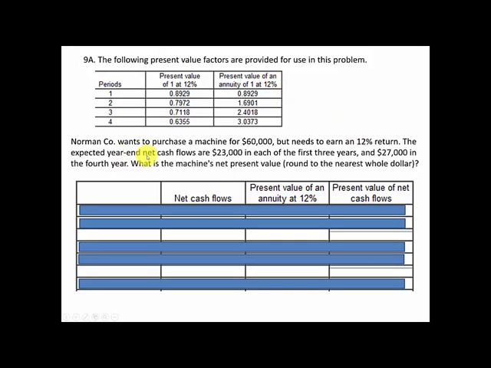The expected year-end net cash flows are $23,000 in each of the first 3 years and $27,000 in the 4th year. So these cash flows are even for the first 3 years, but then you have an uneven, that is, not a $23,000 cash inflow for that last year. What is the machine's net present value to the nearest whole dollar?